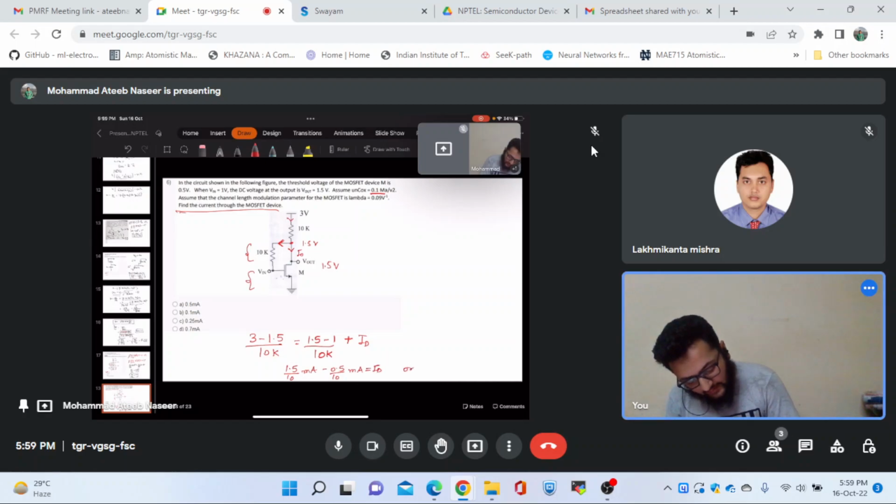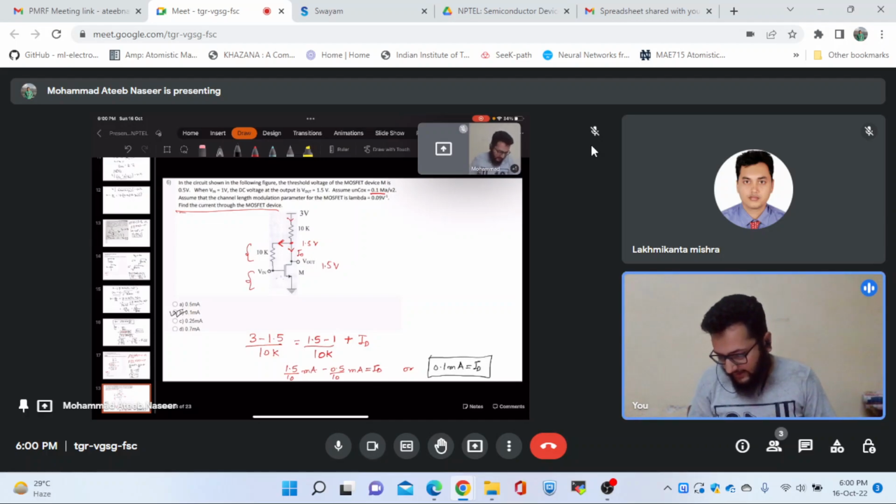Or simply we can write this as 1.5 minus 0.5 will be 1. 1 by 10 will be 0.1 milliamperes. This will be our ID. So ID is equal to 0.1 milliamperes.